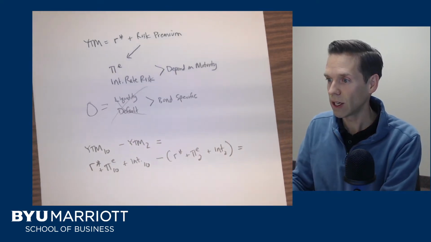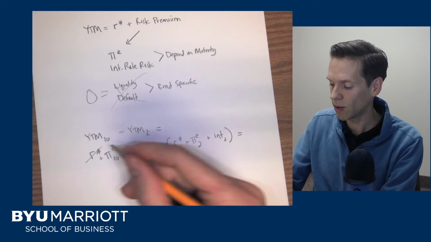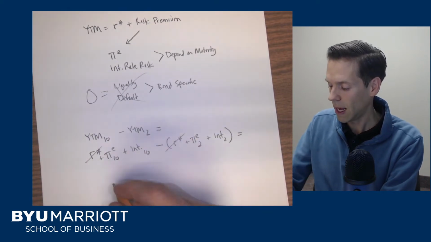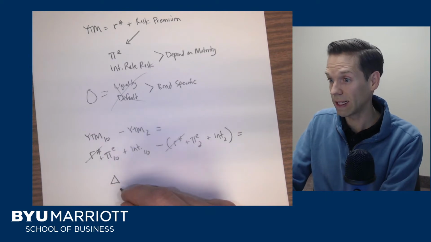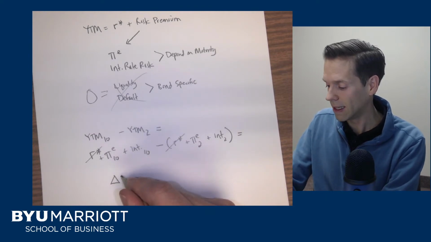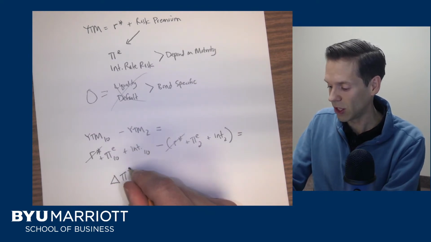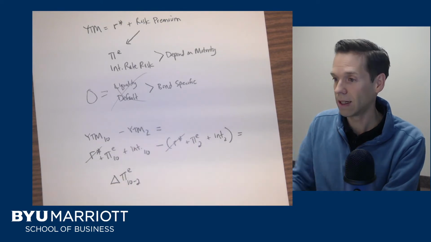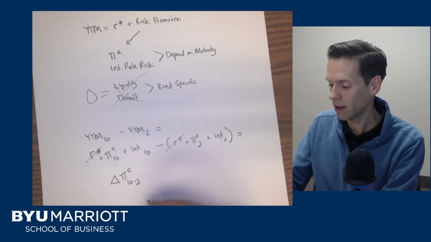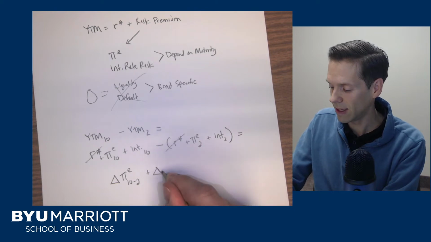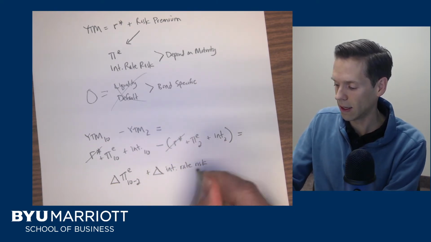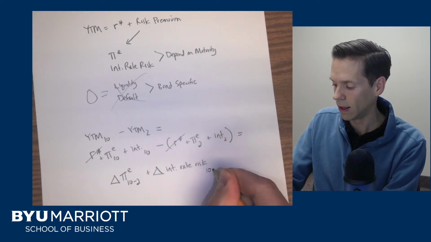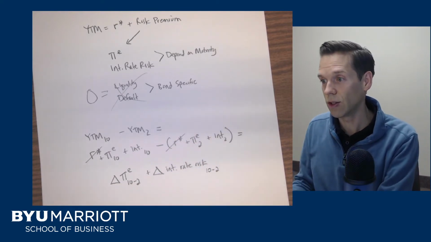So when we solve that out, the risk-free rates, of course, will cancel, and we're left with the difference, I'll use the delta symbol there, the difference in expected inflation from 2 years to 10 years, plus the difference in interest rate risk, again over the 10 and 2-year periods.